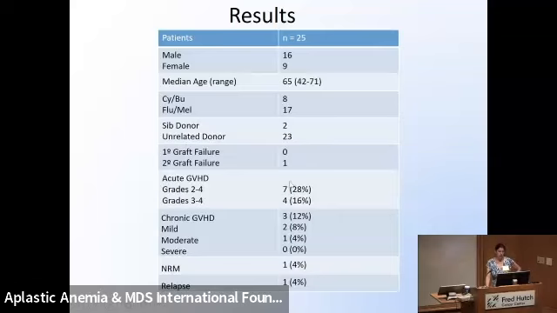But look at the acute and chronic graft versus host disease rate. Now we're down to 28% in the low grade graft versus host disease and 16% in the high grade. Chronic graft versus host disease has gone down from 50% to 12%. Sometimes people say, are these JAK inhibitors jack of all trades?